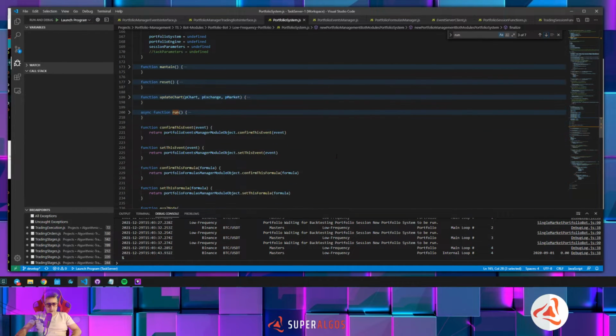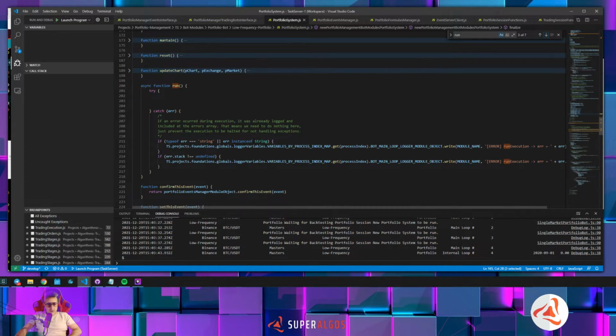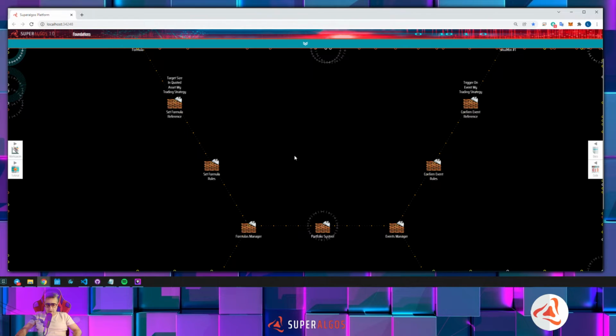That today we are doing nothing. Okay, we are doing nothing. What we're going to run is exactly that. Then we're going to run the risk management area of the portfolio system.